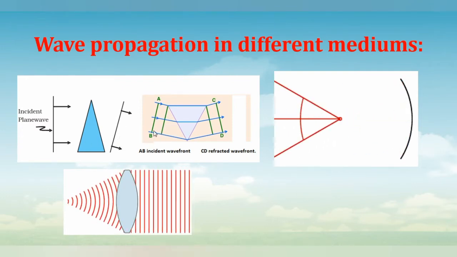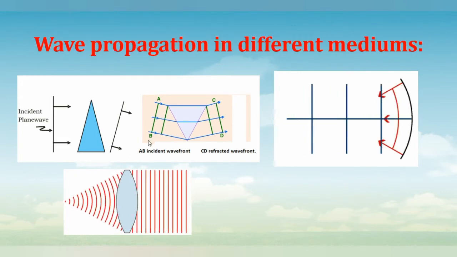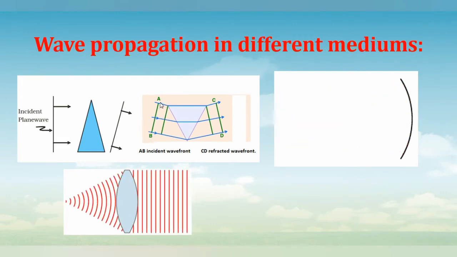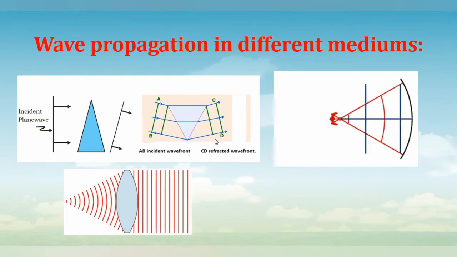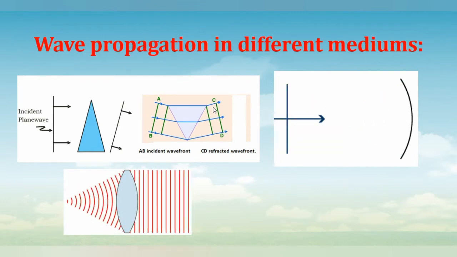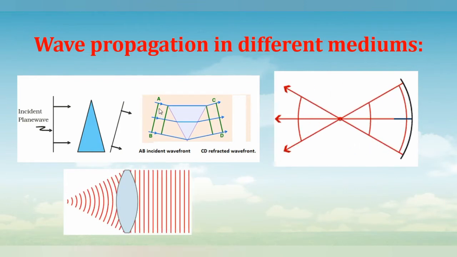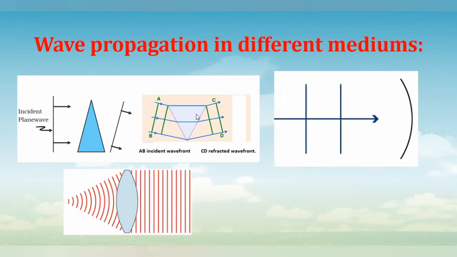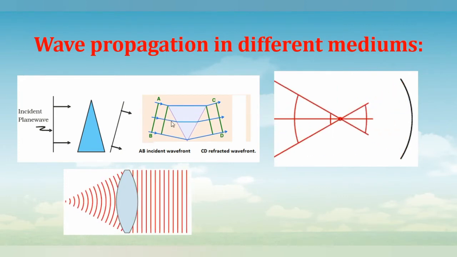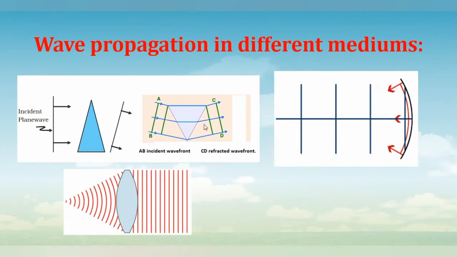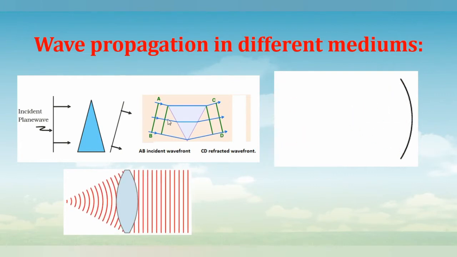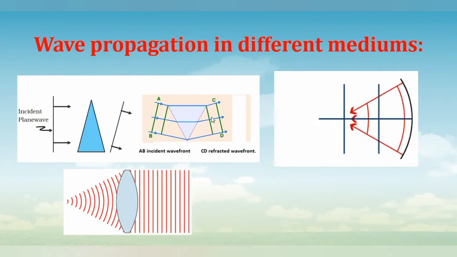You can also see in this figure, here AB is the incident wavefront, and CD is the refracted wavefront. So it has to enter this prism at one end and come out of the prism at the other end, but it is in a tilted state.